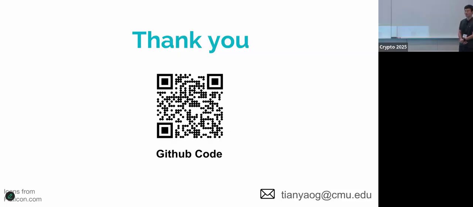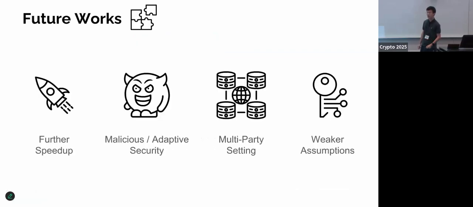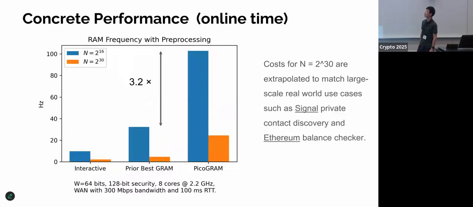Is the concrete performance bottleneck the group exponentiations, or is it AES or those kinds of operations? Oh, it's a very good question. In prior works, usually people assume that the concrete performance depends only on the communication cost, because with modern hardware, AES is just so quick.